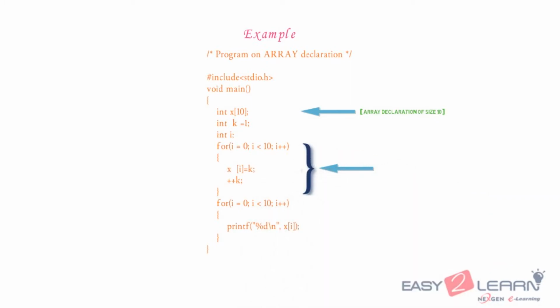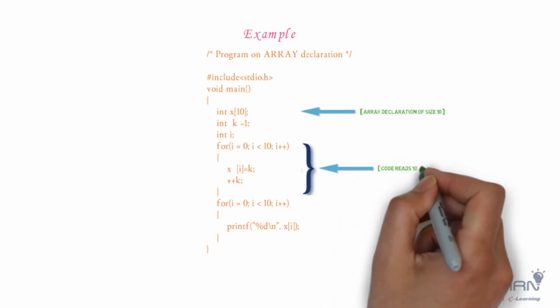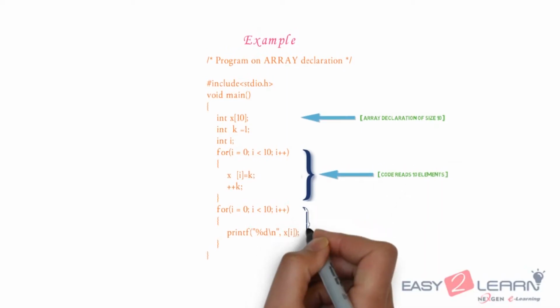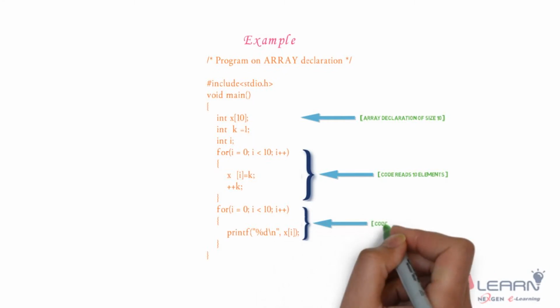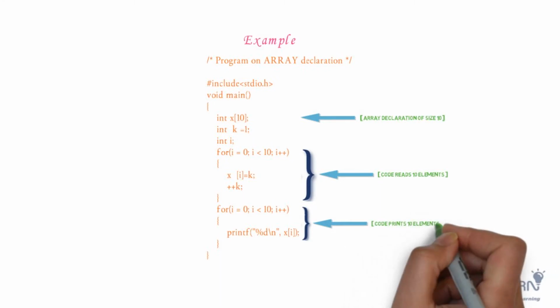The first for loop helps to read all the 10 elements, whereas the second for loop helps to print all the 10 elements read. So this is all about one-dimensional arrays.